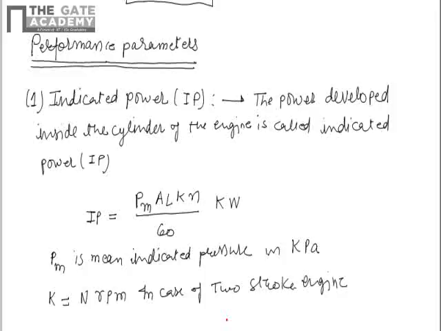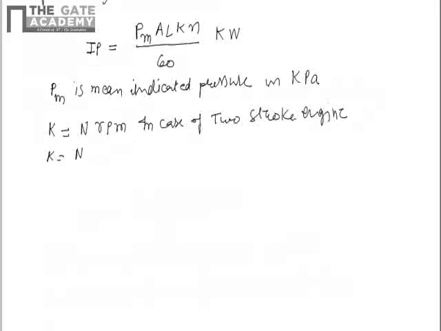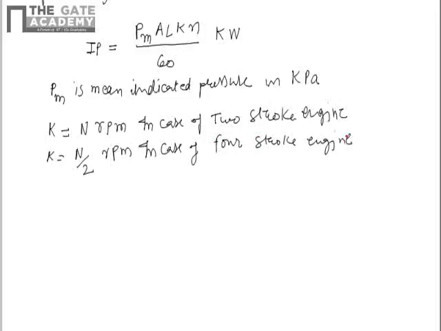Similarly, K will be N by 2 in case of a four-stroke engine, where the cycle is completed in two revolutions of the crankshaft.